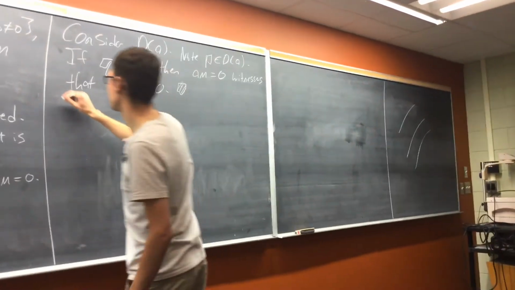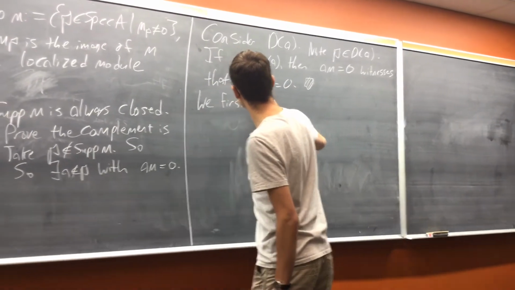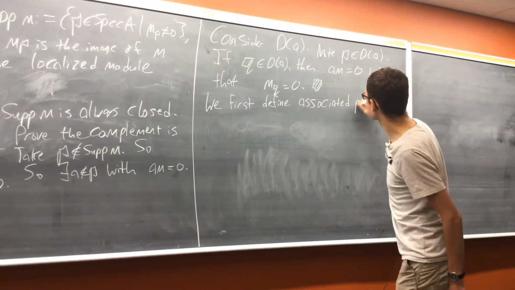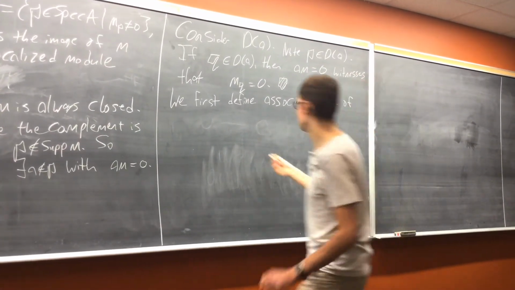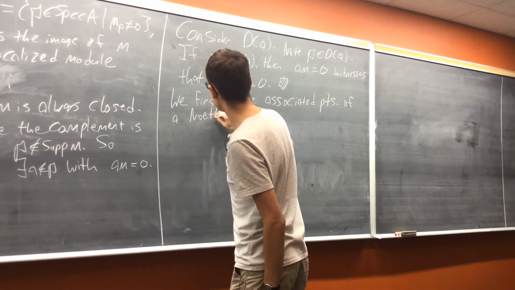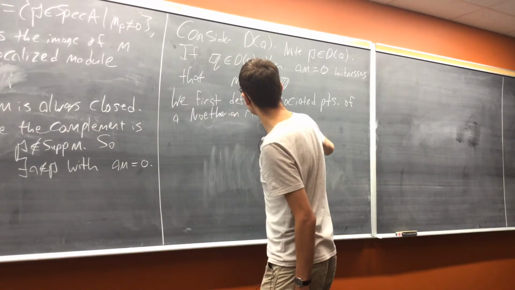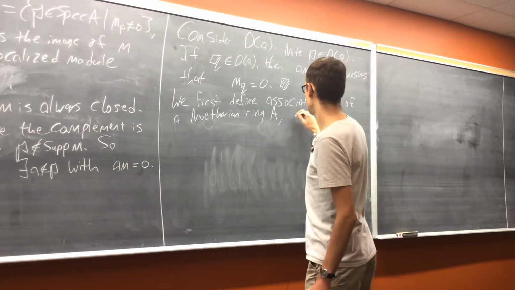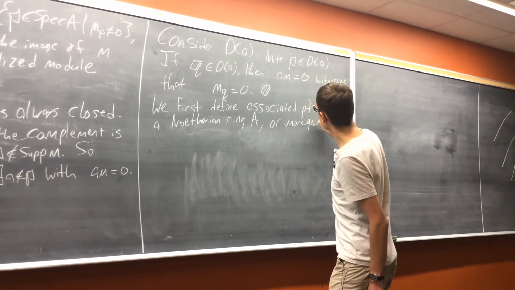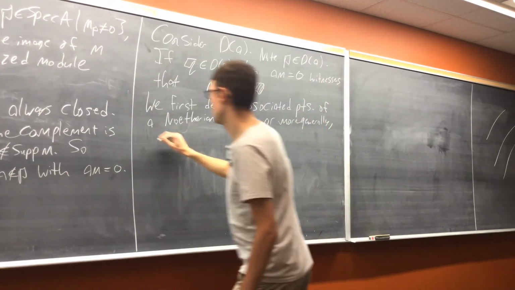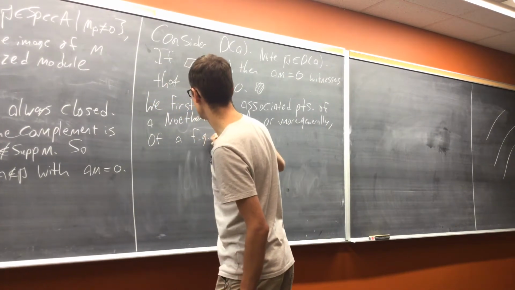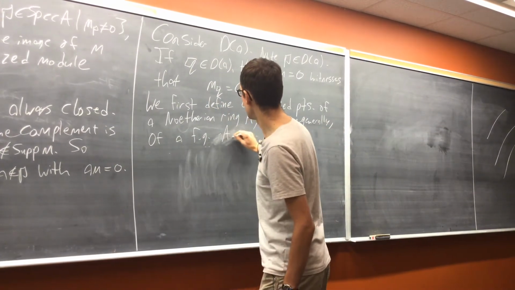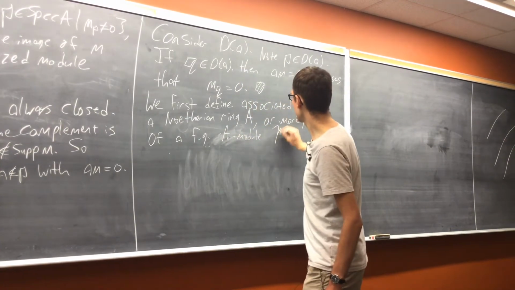So we first define associated points of a Noetherian ring A, because it's all going to be Noetherian with this, or more generally, of a finitely generated module M.